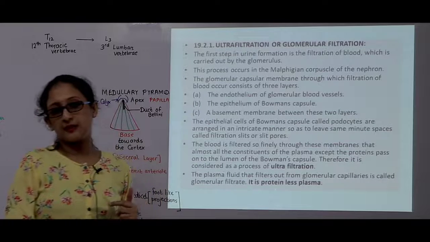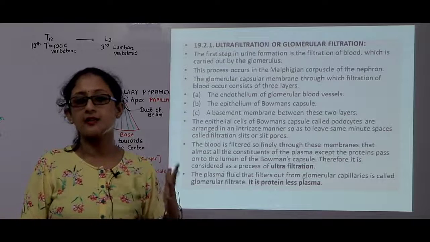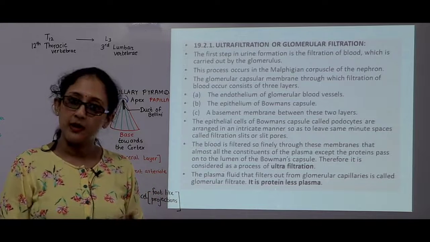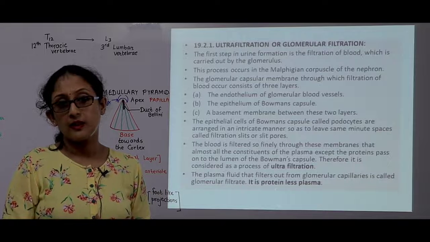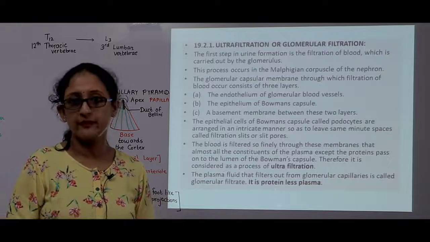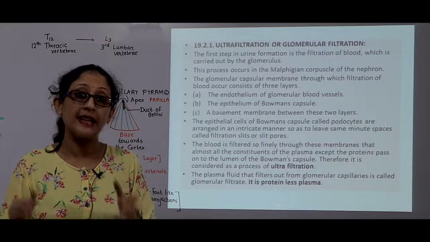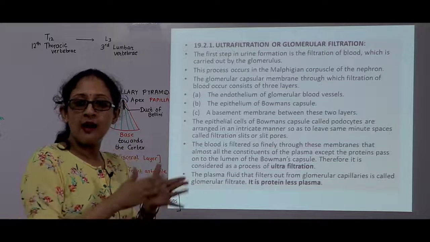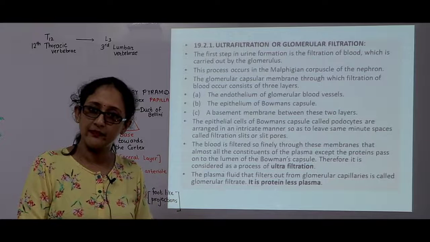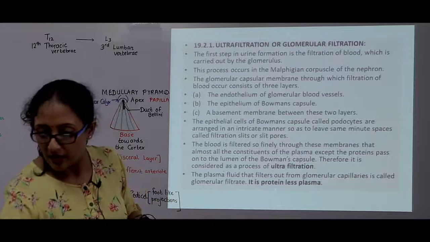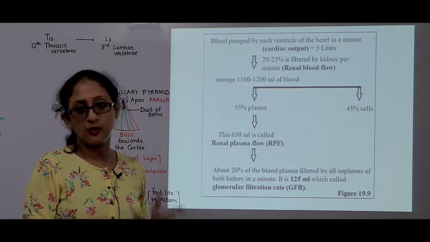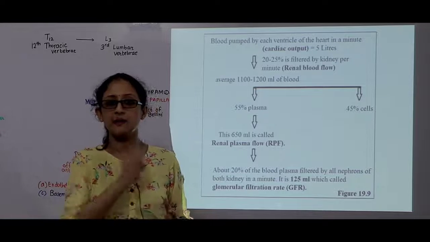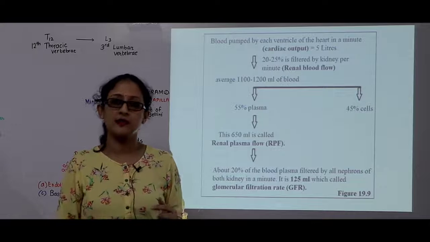The fluid that passes does not contain RBCs, WBCs, platelets. They do not even have plasma proteins. So this fluid is called the glomerular filtrate or protein-less plasma or deproteinized plasma or the primary urine. 5 liters of blood is pumped out every minute.